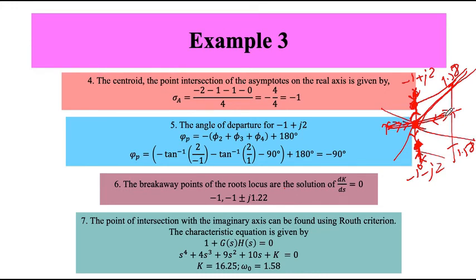So these are the complex breakaway points. These guys come here, this guy comes here, they meet, and they have to go away because it's a breakaway point. These two guys come here, these two guys come here to this point, and they decide to go.